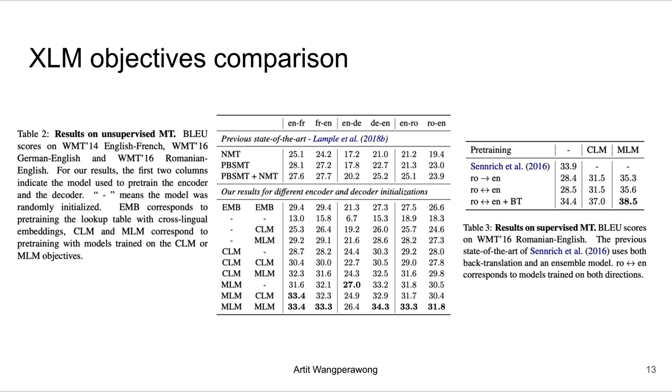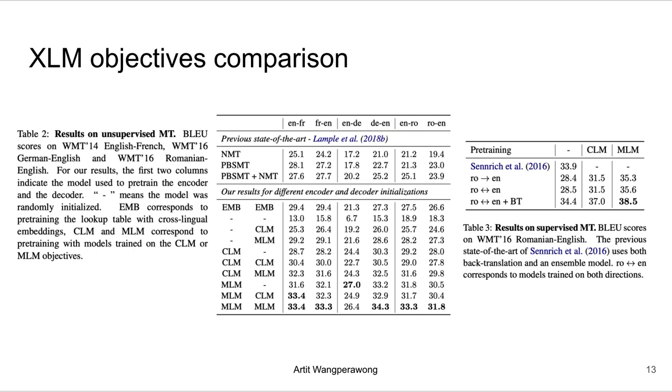The dash is essentially random initialization of the weights of the model, CLM is the causal language model, and MLM is the masked language model. If we look at the best numbers, which are in bold, we'll see that for the encoder and the decoder, the MLM objective works the best. If we mix it any other way, it wouldn't be as good across the board. So of the different pre-training schemes used in XLM, the masked language model performs the best.